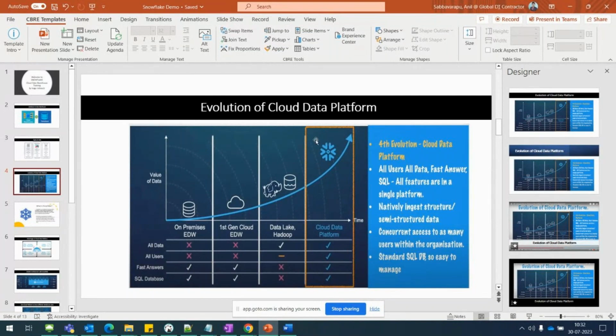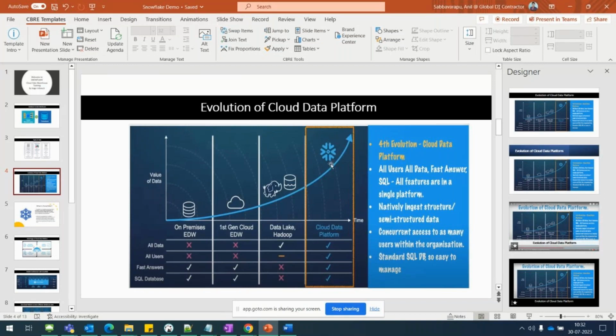You need not know any programming languages. The data is stored as in regular databases, and you can write simple SQL to query the data from Snowflake. That's why, for a developer also, it is very easy to learn this tool.